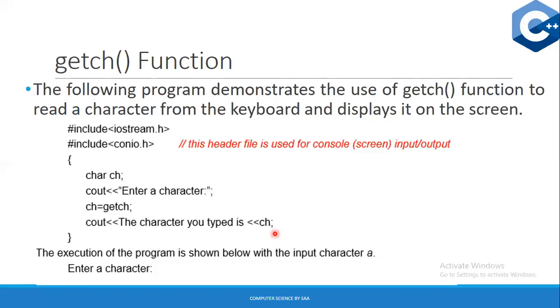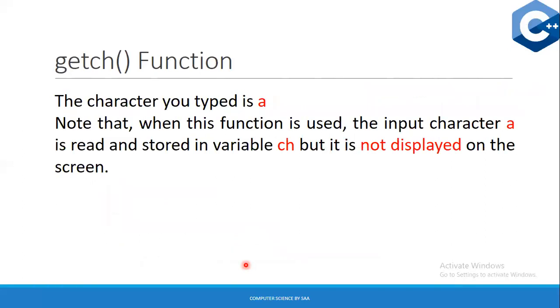Whenever this program is executed, you will see a message on the screen, enter a character, and then the next message will be displayed. The character you typed is whether A, B, C, D, whatever the character you will be typing. So again, let me show you a demonstration. The character you typed is A.